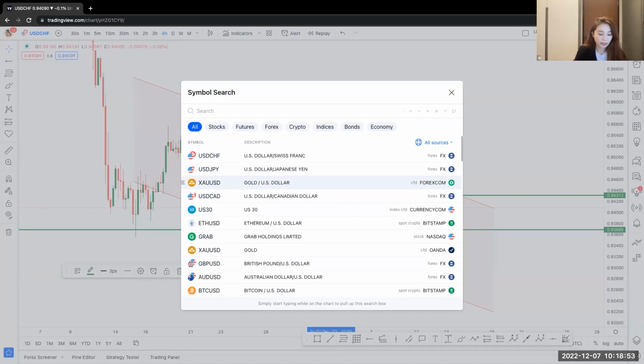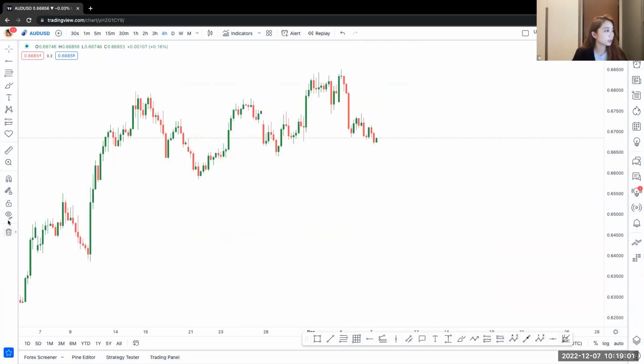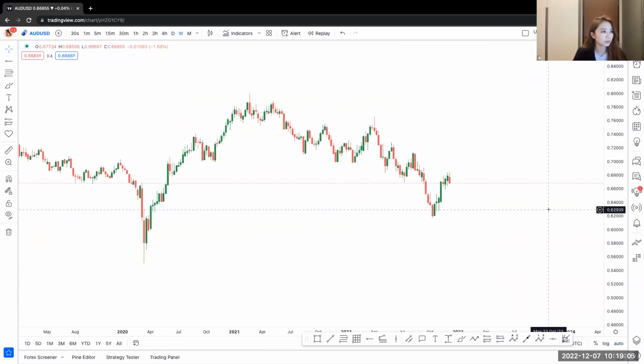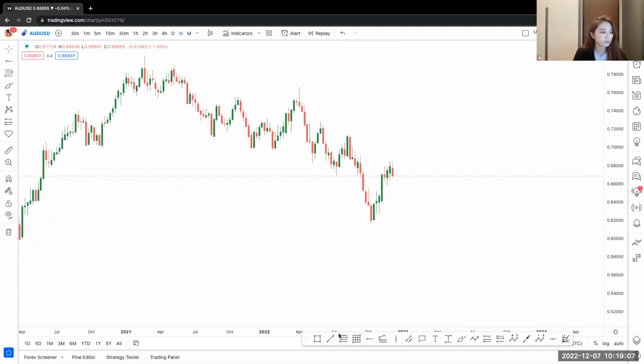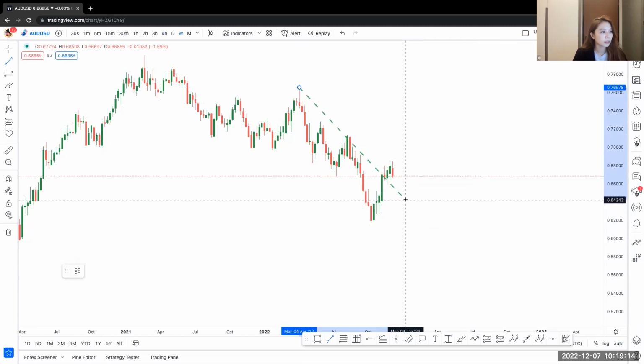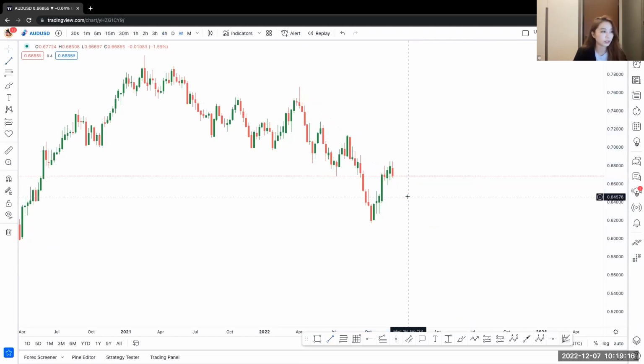Let's look at another pair. Maybe Aussie dollar. Okay, let's start from the weekly chart. Initially it was a downward moving, maybe a channel.